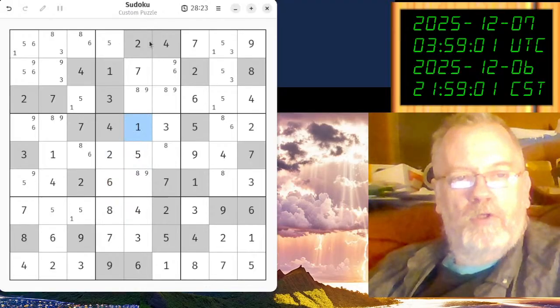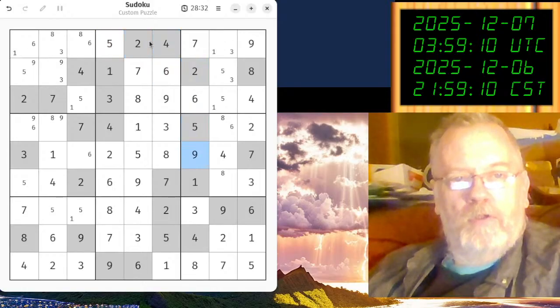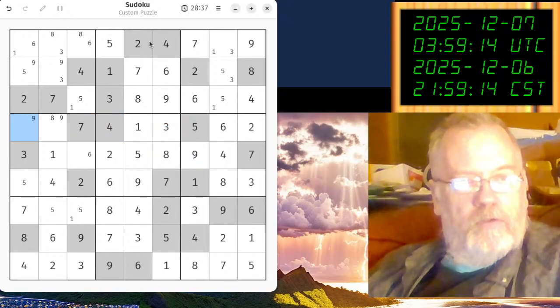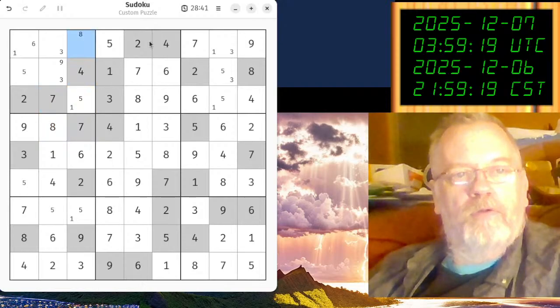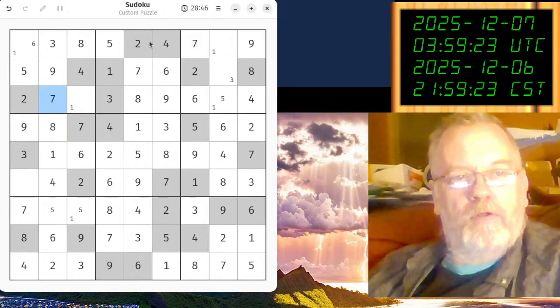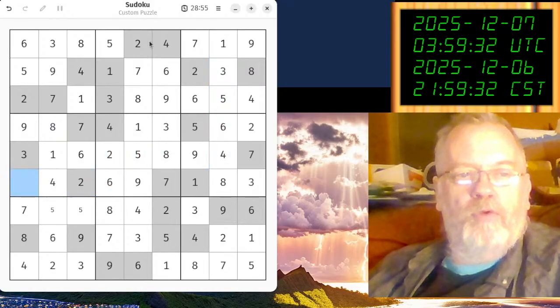6, 1, 8, 9, 8, 9, 8 here, 9, 8, 9, 6, 5 here, 8, 6 here, 9, 6, 8 here, 8, 3, 5, 9, 1, 6 here, 1, 3, 5, and we end up with a hole here.